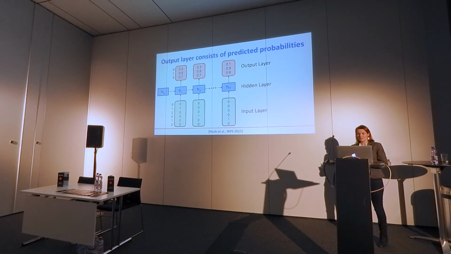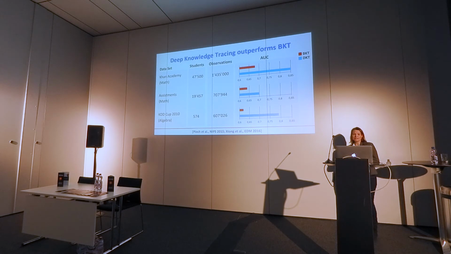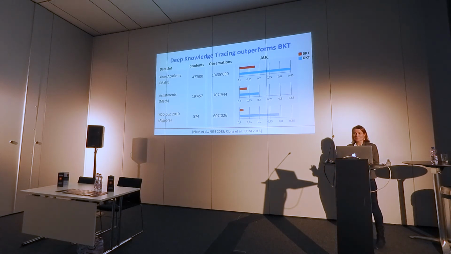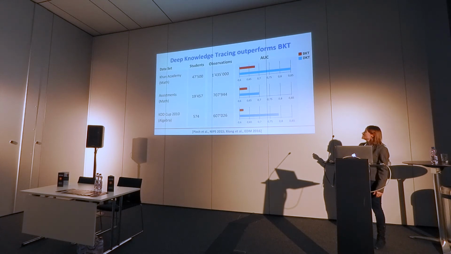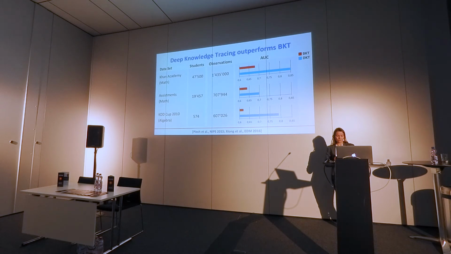So now the question is, how does this perform? Unfortunately, I have a comparison with another predictive error measure because the authors of this newer approach have used the area under the receiver operating curve, and you can see that on different math data sets from the US, the deep knowledge tracing outperforms this Bayesian knowledge tracing approach by a lot.